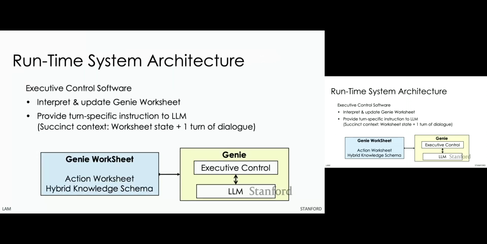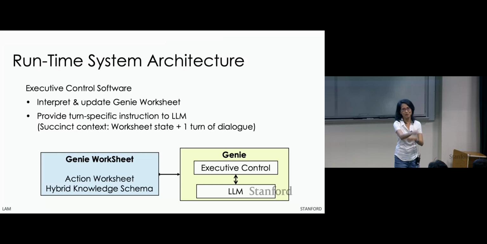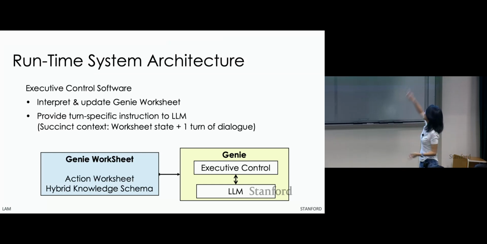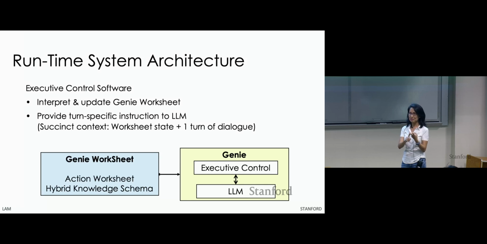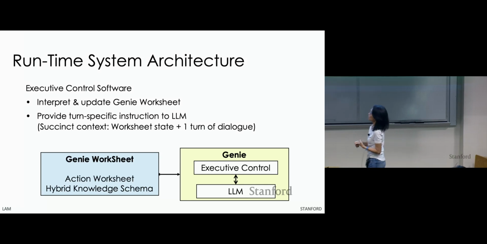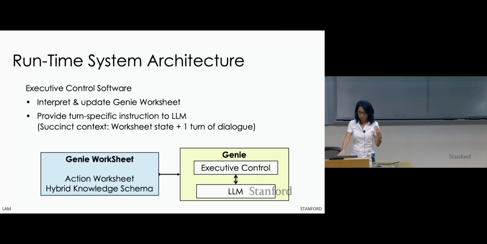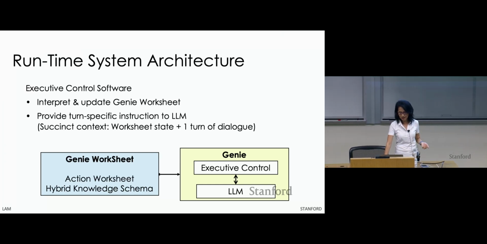So I'll just give you a little bit of background on the agent. What happened now is that you describe the action worksheet and the database worksheet. Genie is using LLM for everything that has to do with natural language, but it actually has control over it. And as we said, this is the parser, the agent policy, and then the response generator. So the whole time it is interpreting the information, updating the information, and it knows what the whole context is.